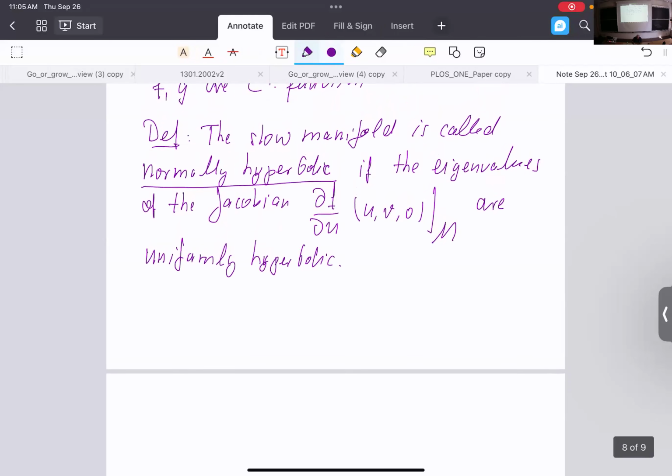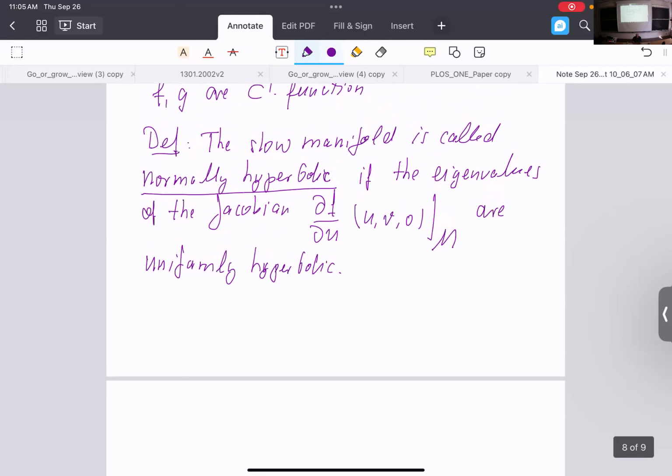So here it is again. You remember a hyperbolic fixed point is a fixed point where the eigenvalues have no real part equal to 0. And this was what we earlier used in the Hartman-Grobman theorem, for example. So if a fixed point is hyperbolic, you can talk about a stable or unstable direction.